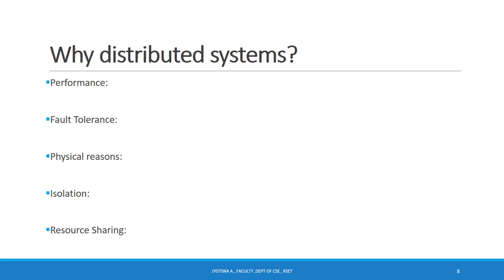Next is fault tolerance. Fault tolerance is the ability of a system to continue functioning in the event of partial system failure. A service used in distributed system to tolerate fault is redundancy. Means make use of redundant components.